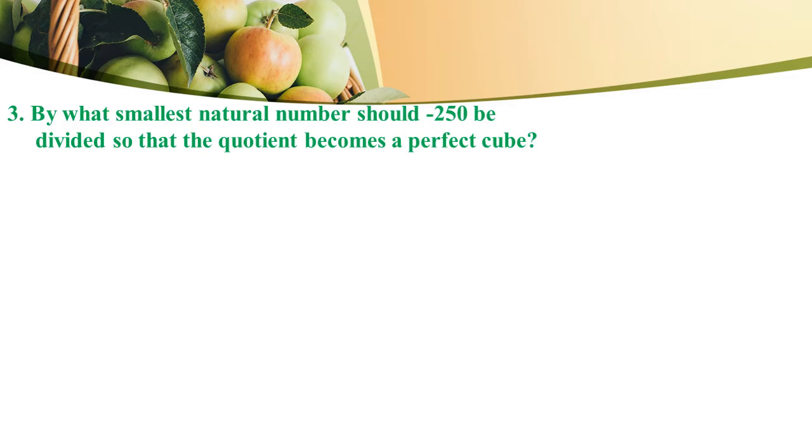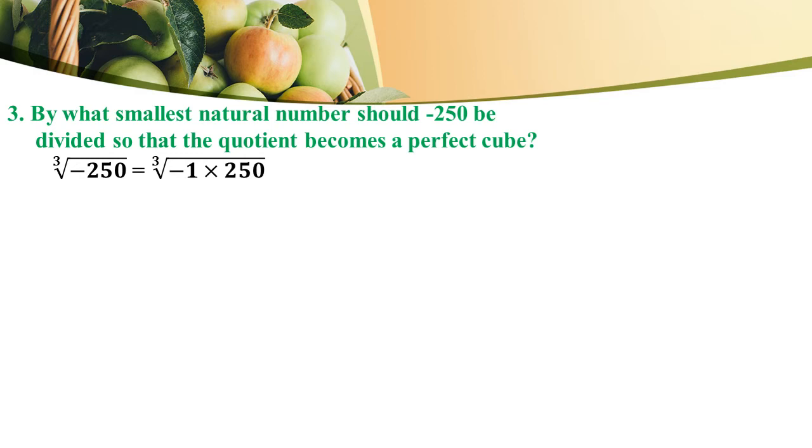Next, by what smallest natural number should minus 250 be divided so that the quotient becomes a perfect cube? Here, minus 250 is not a perfect cube. We should make minus 250 a perfect cube. What will we do? First, we should find the cube root of minus 250.